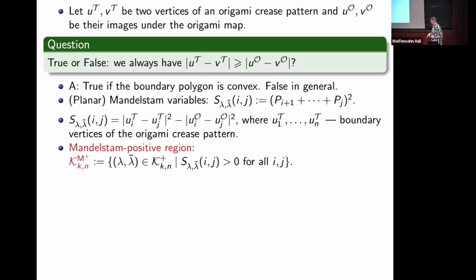So let me just define the subregion of this space. The Mandelstam positive subregion is the subset of lambda, lambda tilde inside the positive kinematic space, where the condition is that all Mandelstam variables have to be strictly positive for all i and j.